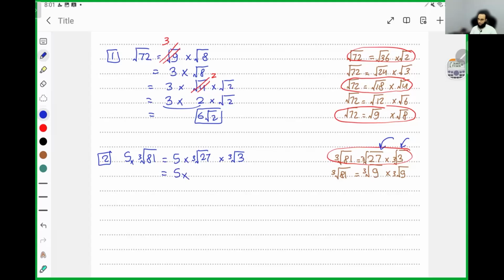Cubic root 27 equals 3, and cubic root 3 has no value. 5 times 3 is 15. This is 15 times cubic root 3. She can do it like 15 cubic root 3 in one shot.